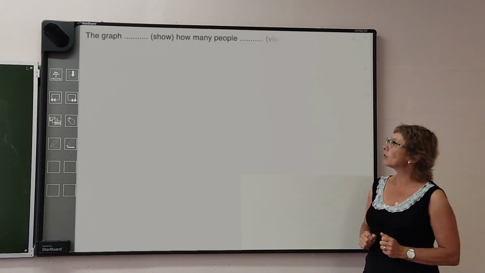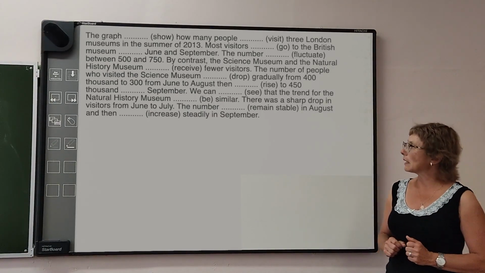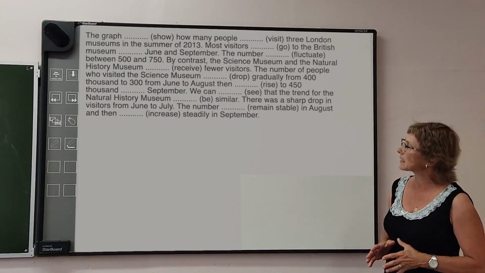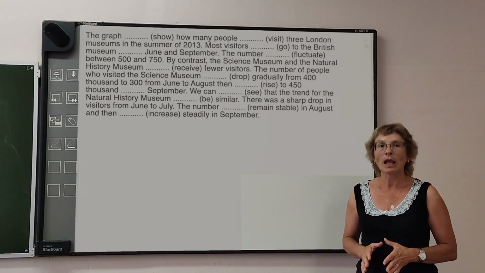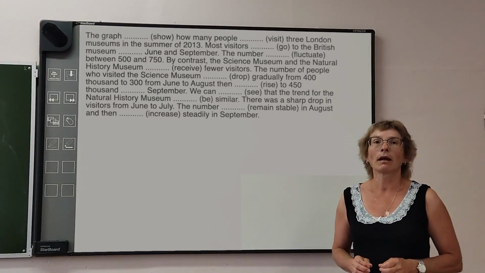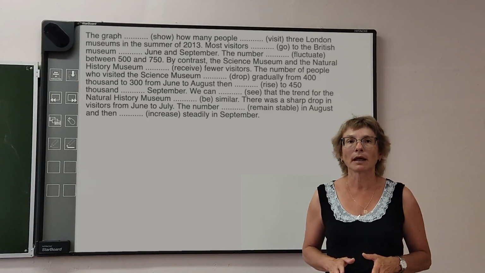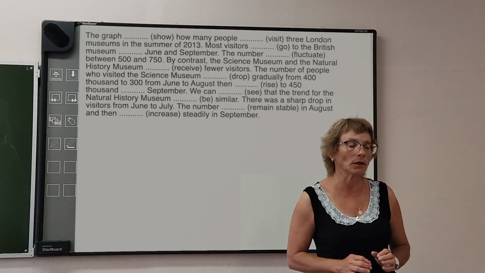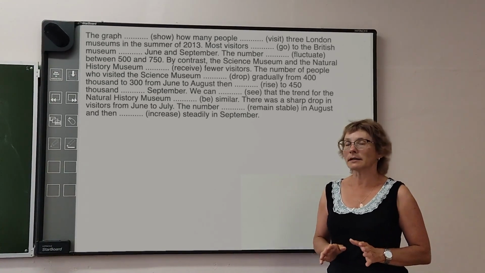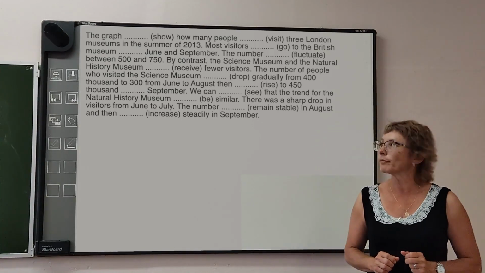Okay, now we have just one more task left. Please look at the screen. You can see an example description of this line graph. Listen to my instructions and then pause the video, do the task, and then we continue our work. So, my instructions. Read the text to yourself.